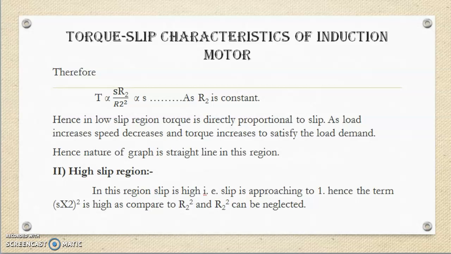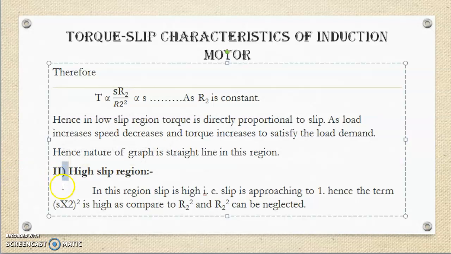Now for a high slip region, when the value of slip is high, in that case we cannot neglect this term SX2 square in the torque equation. And this term SX2 square is very high as compared to R2 square. So we can neglect R2 square, and our equation will become like this.